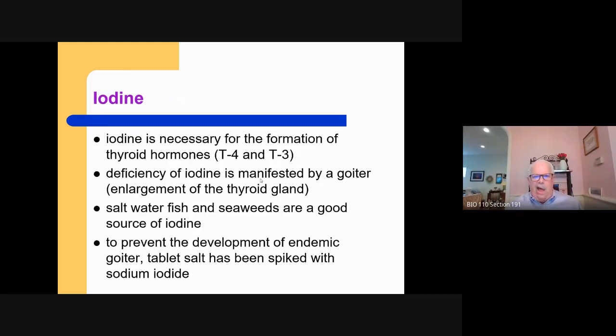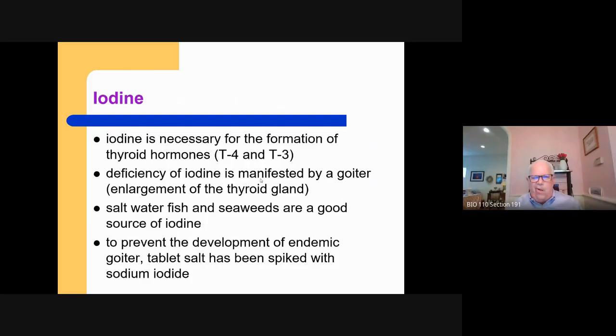Iodine, another important mineral that I'm going to ask you questions on. You will learn in the endocrine system that without iodine, you cannot make thyroid hormones. Thyroid hormones, known as T3 and T4, are a combination of the amino acid tyrosine and the mineral iodine.